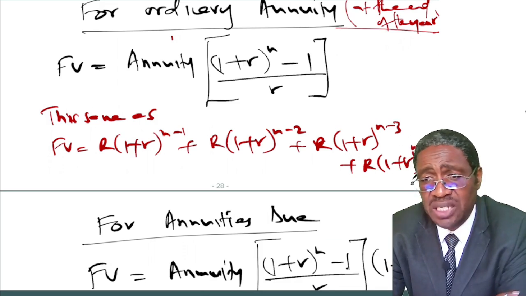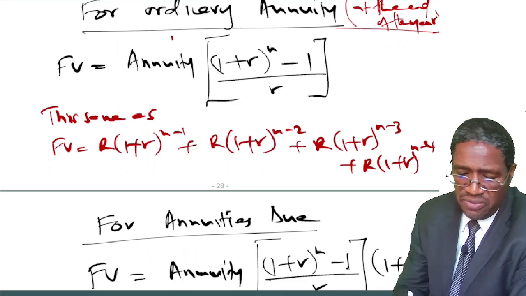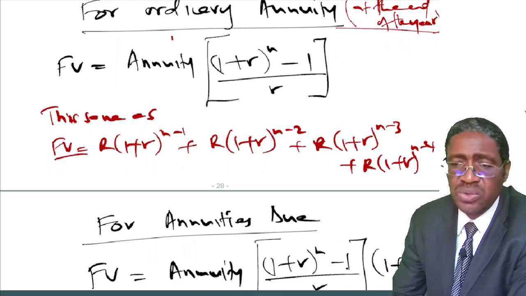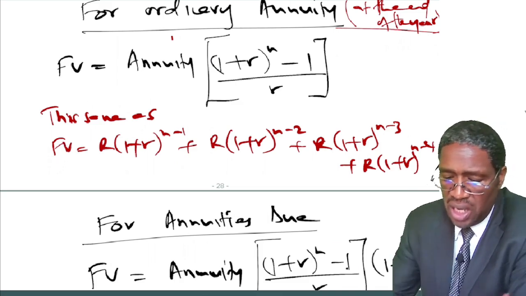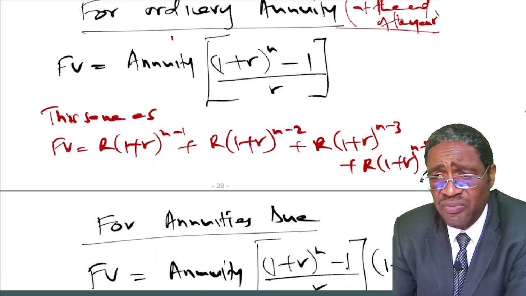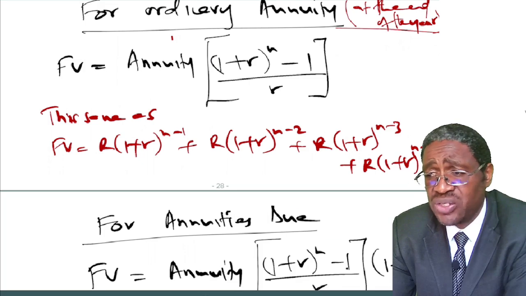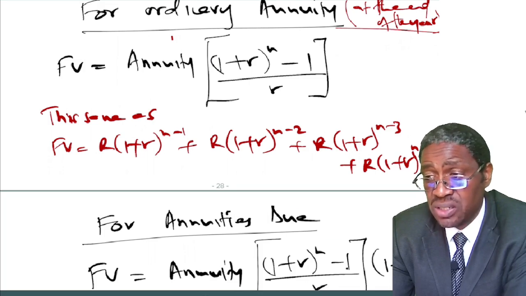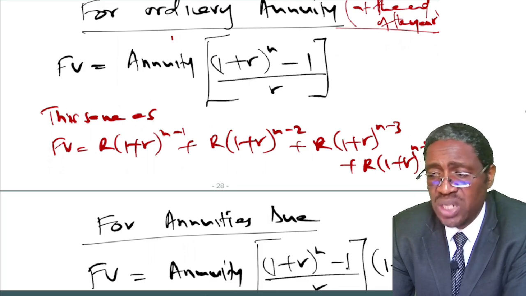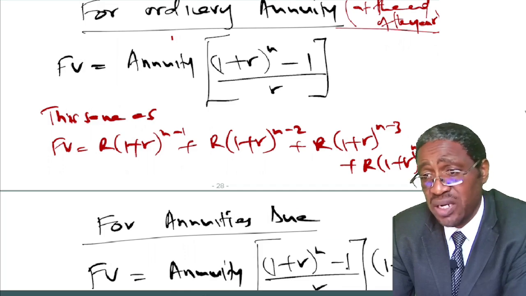You can copy that formula. I have said future value equals to annuity into (1 plus r to the power of n minus 1). We were assuming our n is 4 years, so it's a shorter period. So your first amount will earn interest only for 3 years, n being 4 minus 1, that's why we're saying n minus 1.